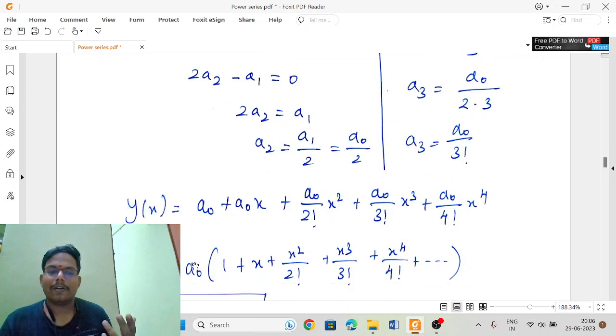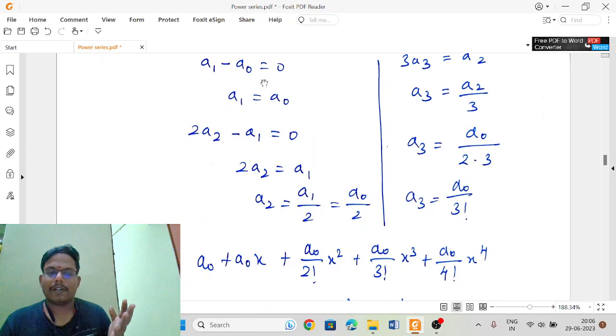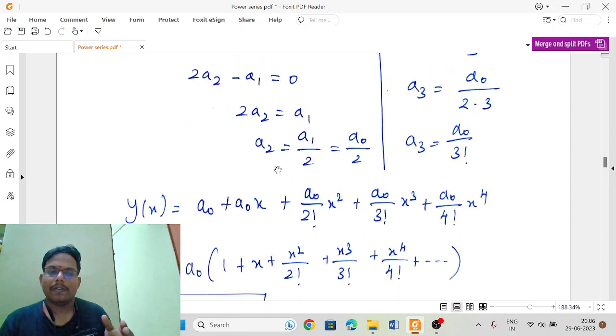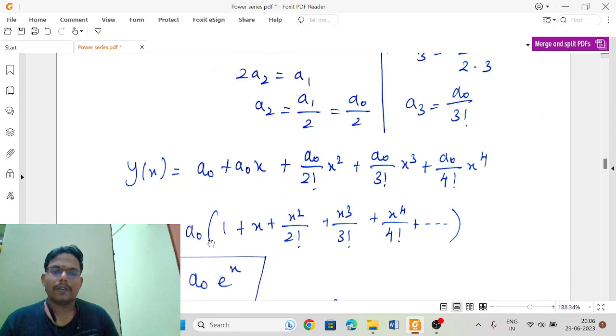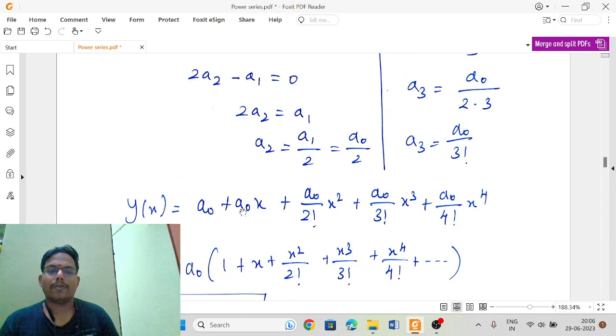I am substituting the values of a naught, a1, a2 into the given value of y. Here we have a naught, a1 is equal to a naught, a2 is equal to a naught by 2 factorial, and a3 equal to a naught by 3 factorial times x cube.